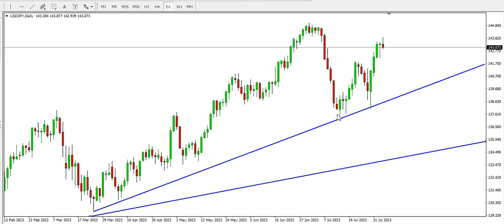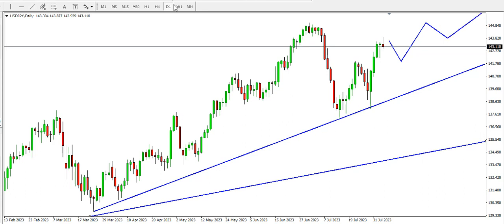Now we have a lower low, lower high, higher low, higher high. So we might see higher low, higher high, higher low, higher high. So we might see price giving us something like this, as price continues to push up. All right, that's for the daily time frame for USDJPY. So price might continue to push up.